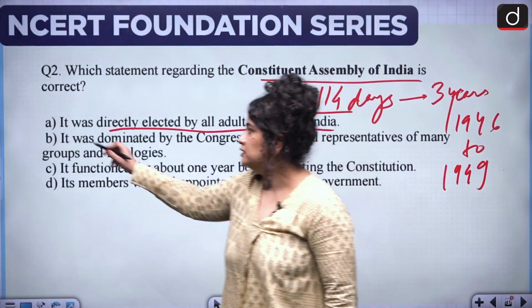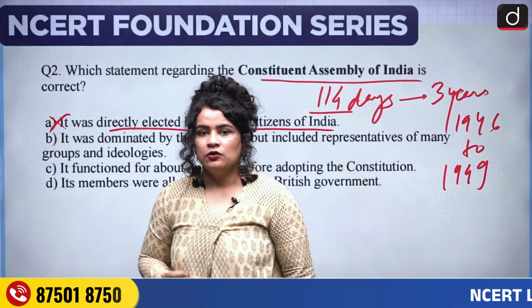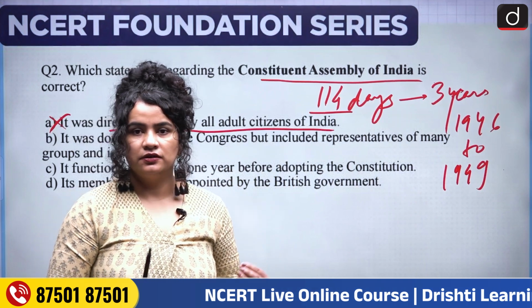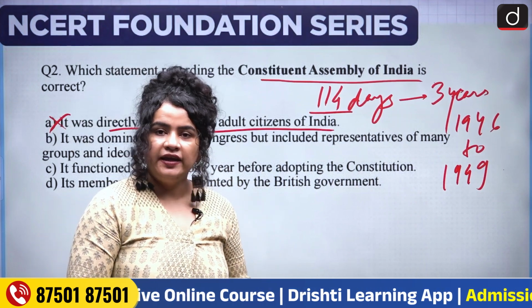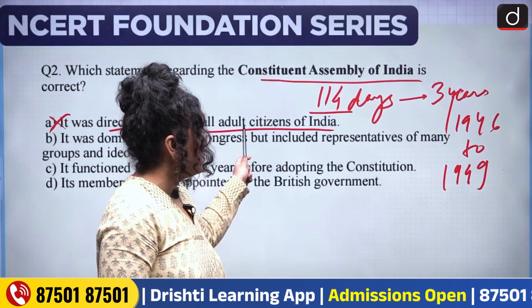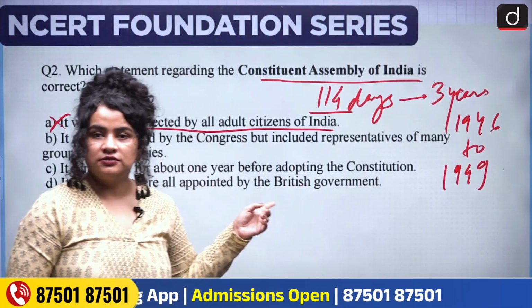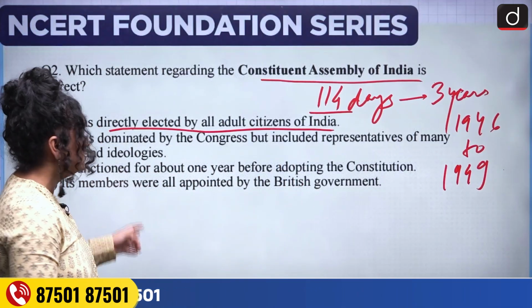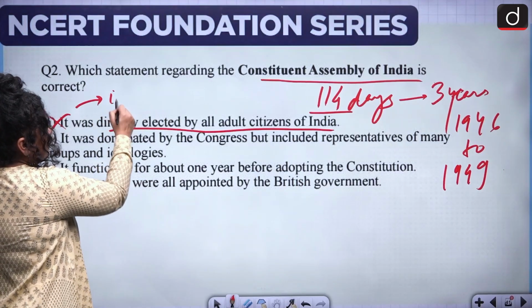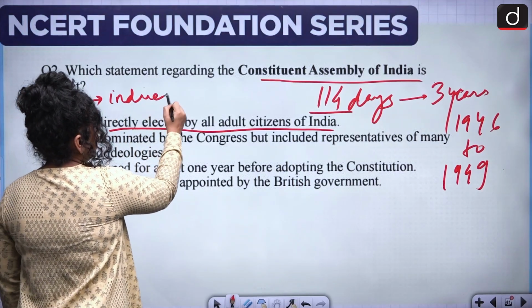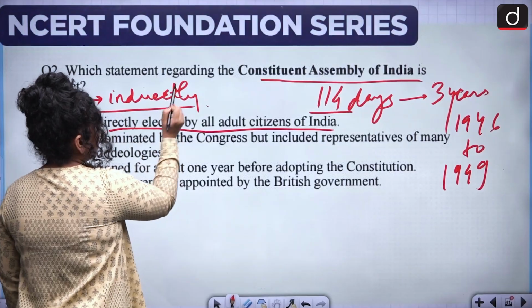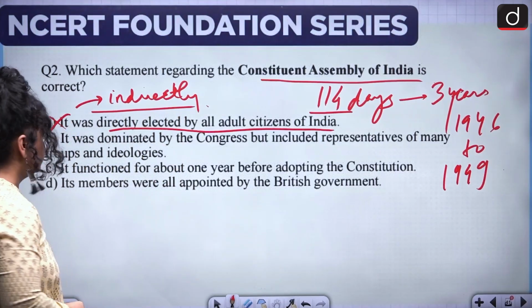No. So how it was elected was that the members of the provincial legislatures elected indirectly the members of this Constituent Assembly. So the members of the Constituent Assembly were indirectly elected. There was no direct election back then.